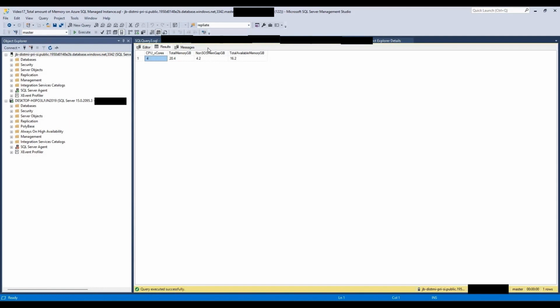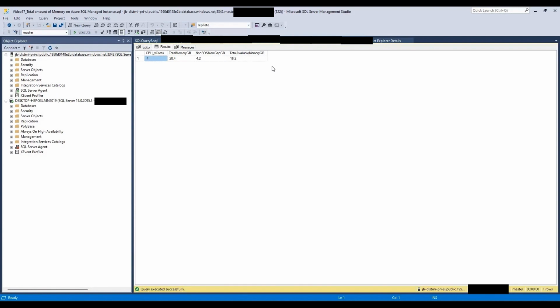It tells us that non-SOS mem gap GB is 4.2 and total available memory in GB is 16.2. So when you subtract non-SOS mem gap GB from the total memory in GB, you get this total available memory GB.